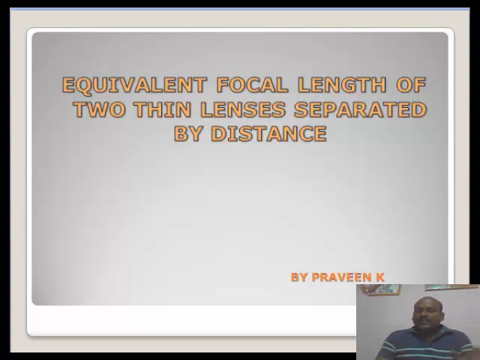It means a single lens gives the same focal length as the combination of the individual focal lengths. How this forms, we will see by studying this topic. So let us start.